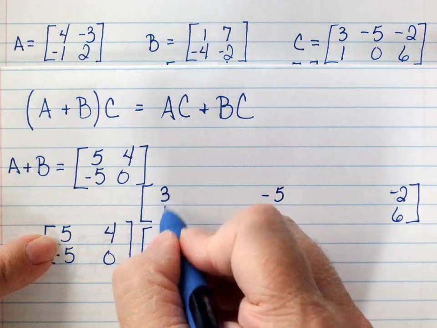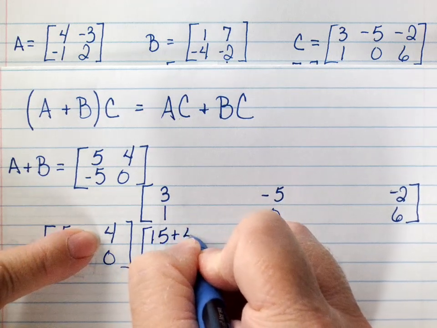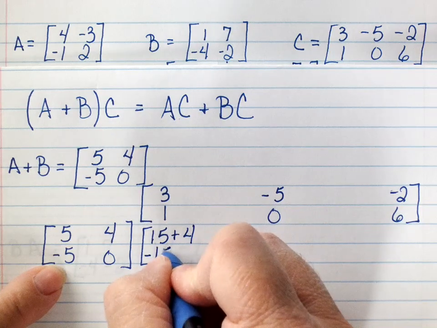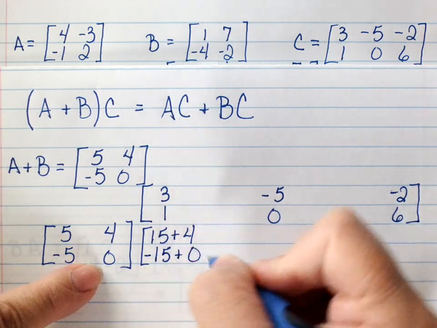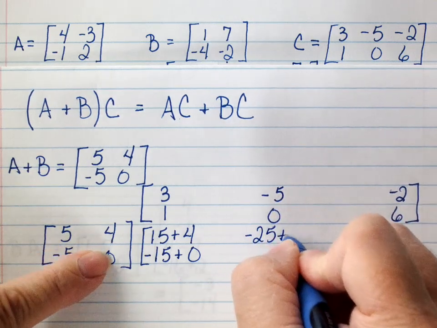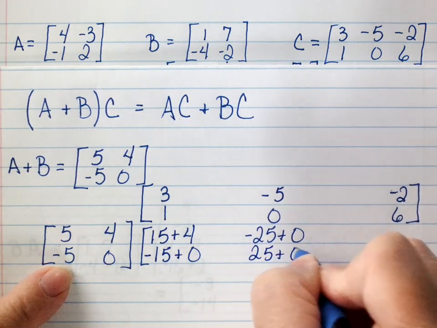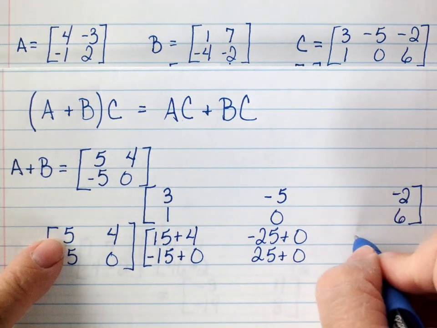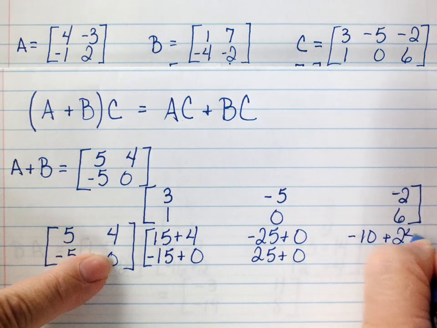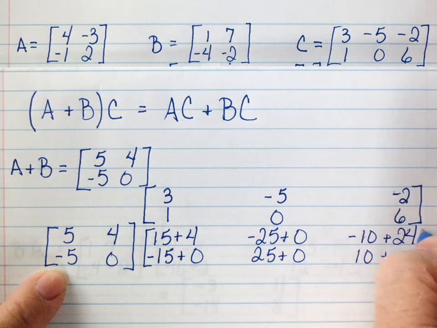So this is going to give me 3 times 5, which is 15, plus 4 times 1, which is 4. 3 times negative 5, which is negative 15. 1 times 0 is 0. And I get negative 25 plus 0. I'm going to get negative 10 plus 6 times 4 is 24. And here I'm going to get positive 10 plus 0.